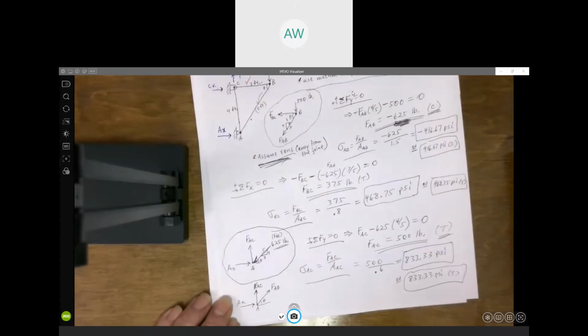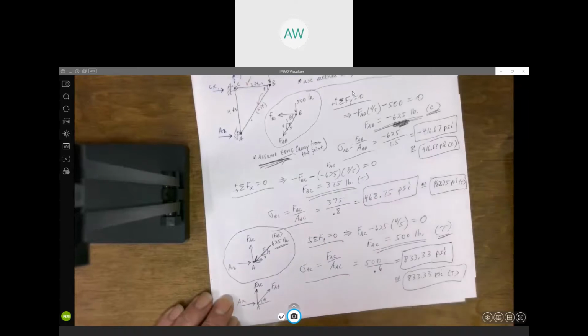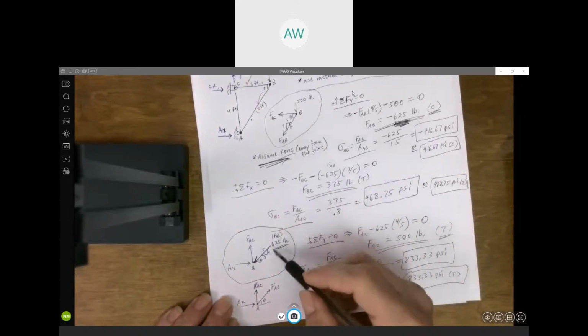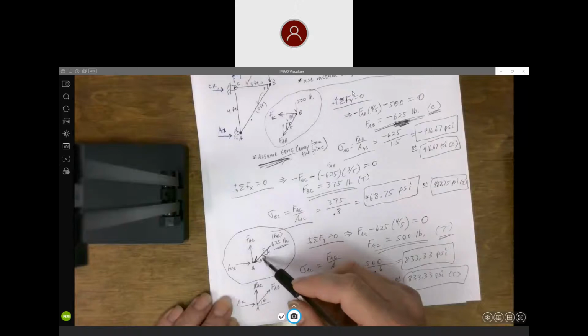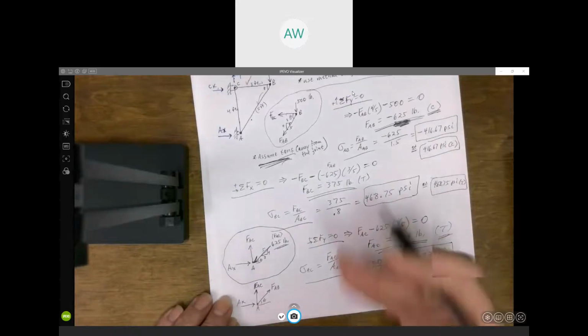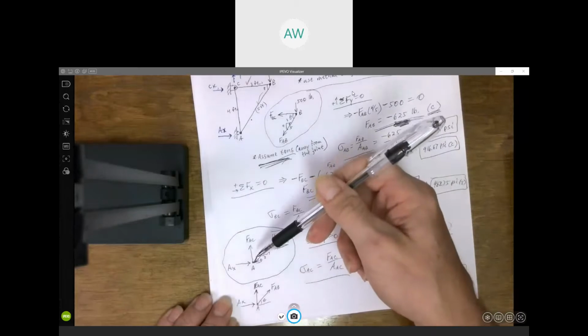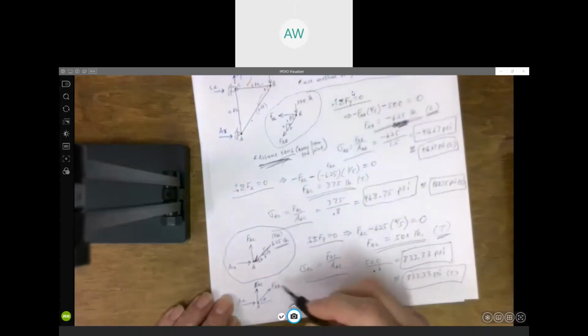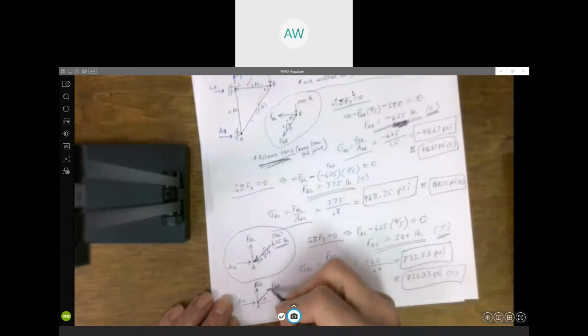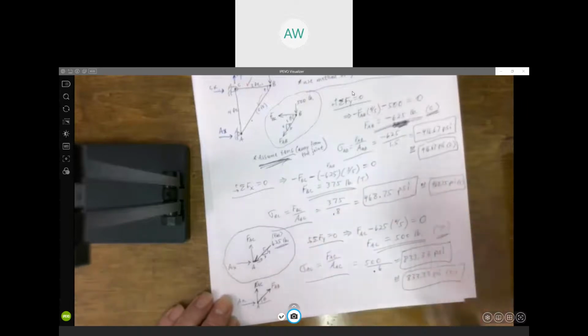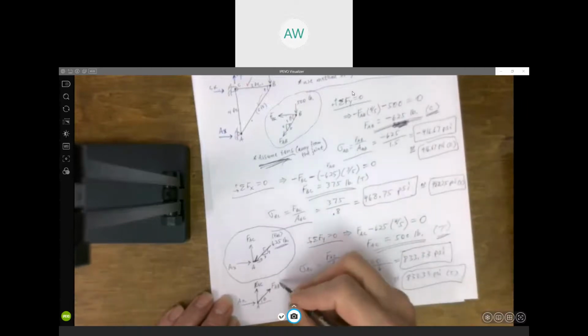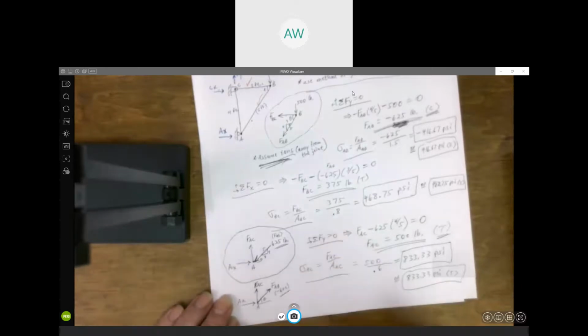Does that make sense? Okay, because we drew it in the correct direction. So I drew it in the correct direction here, and so I've got a magnitude of 625 pounds going down to the left. Here, if you draw everything in tension, you would have to put in here negative 625 for the force.